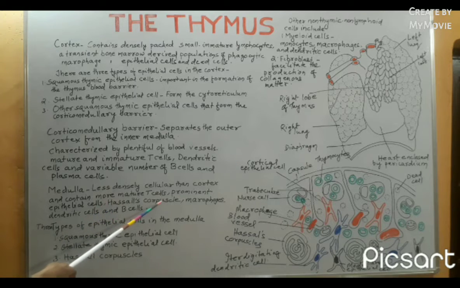What are Hassall's corpuscles? Hassall's corpuscles are concentric congregations of epithelial cells that release cytokines, and cytokines regulate dendritic activity.